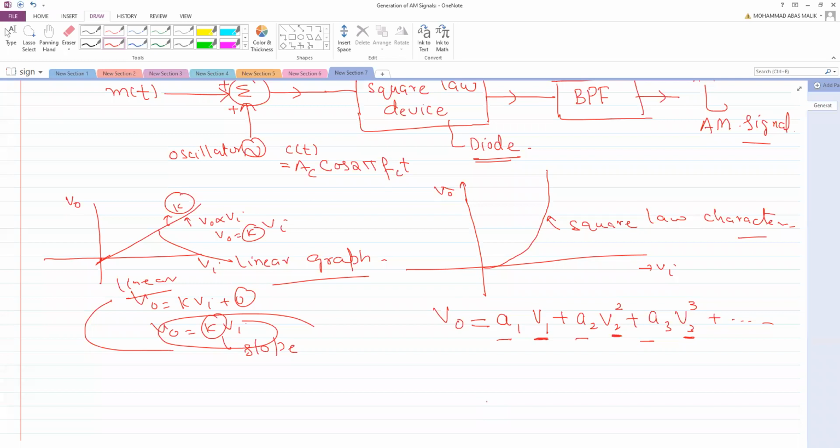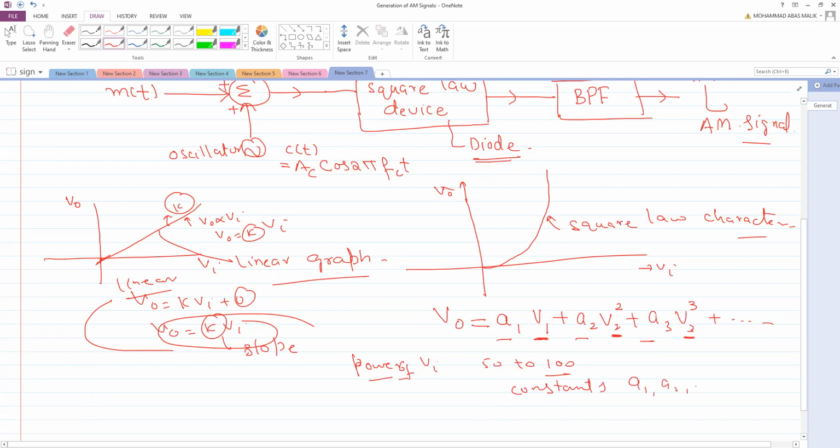It depends on the constants. These constants are called scalar constants.